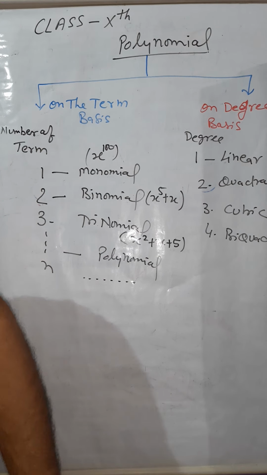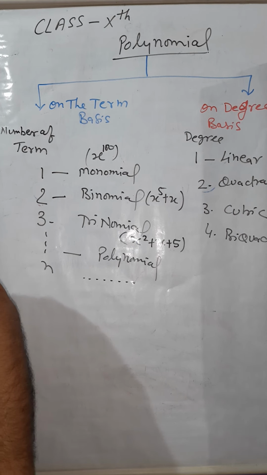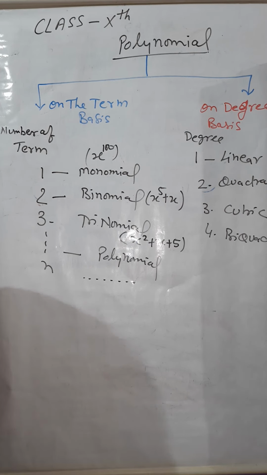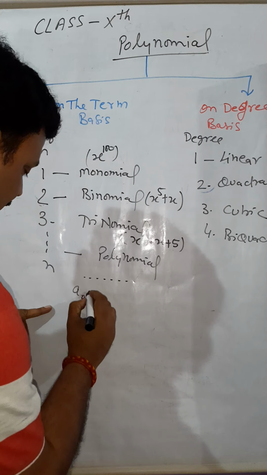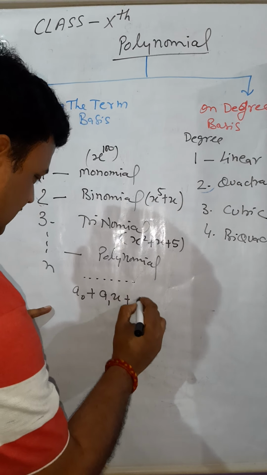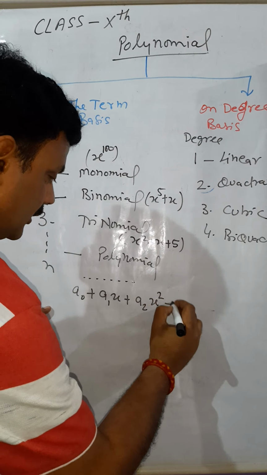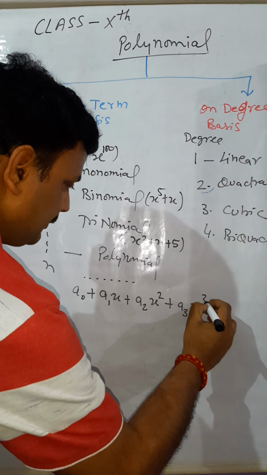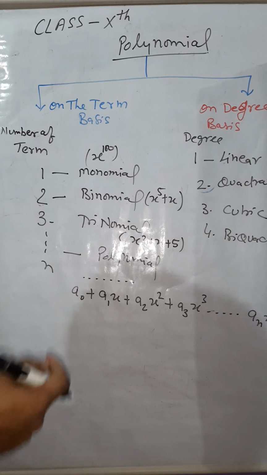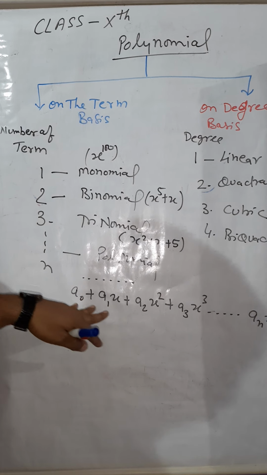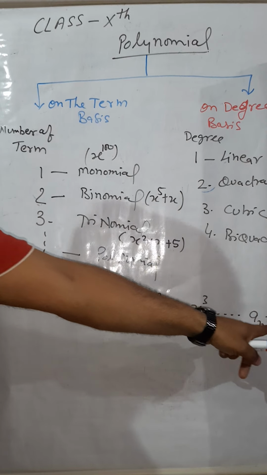The general form of the polynomial we can have here, for example, a0 plus a1x plus a2x2 plus a3 x power 3 and so on, an x power n. So it has n terms and degree is n.